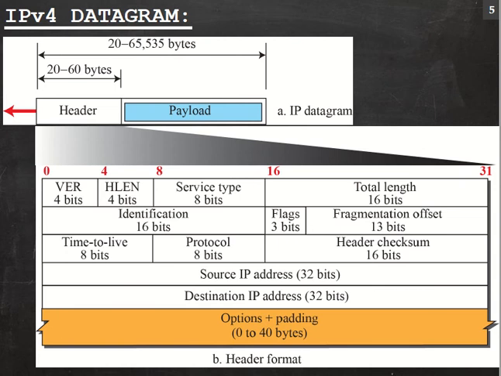The next field is time to live, which is 8 bits. What is this time to live? Whenever a datagram is transmitted, due to some problem or malfunctioning of a routing protocol, the datagram may circulate in the internet without reaching the destination.